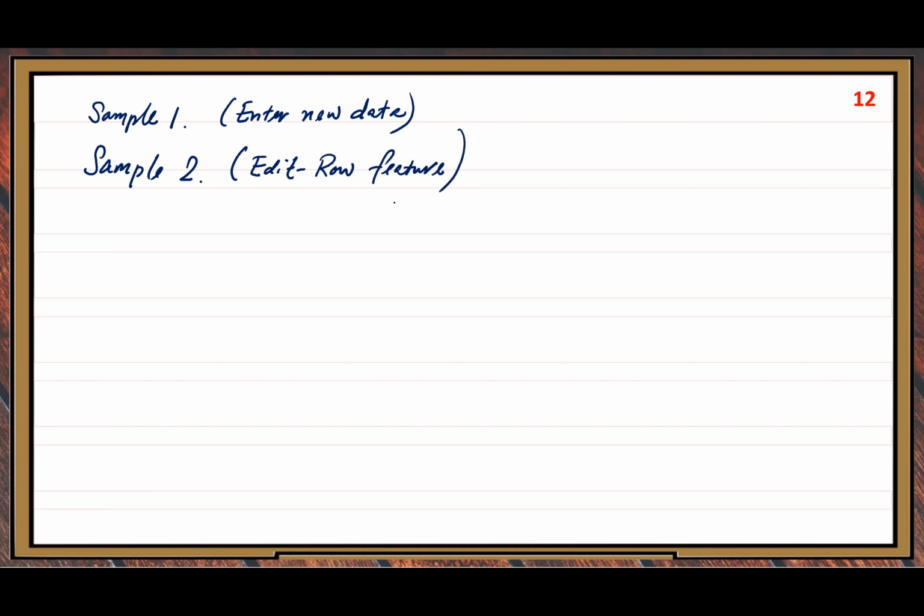But when we do the row edit feature, in our 5 tables, we have 3 tables with primary keys and 2 tables without primary keys.